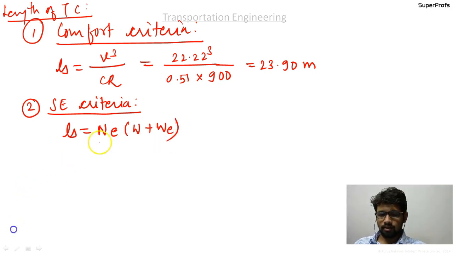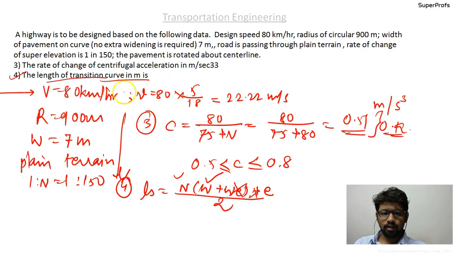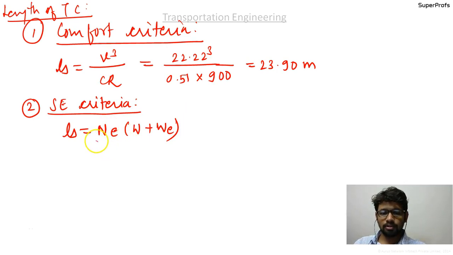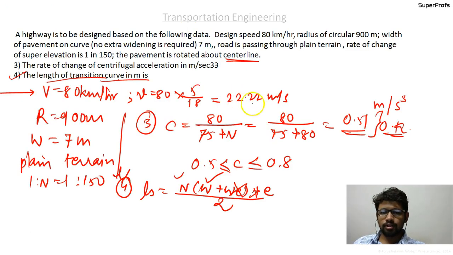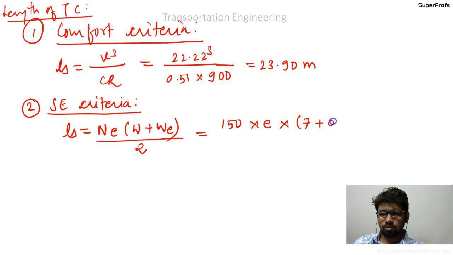In the question it is given that the pavement is rotated about the center line. Whenever the pavement is rotated about the center line, the formula is NEW plus WE by 2. So that is equal to, the value of N is 150, E is not known to us, W is 7 meters, and it is clearly stated that no extra widening is required, so it is equal to 0, upon 2.